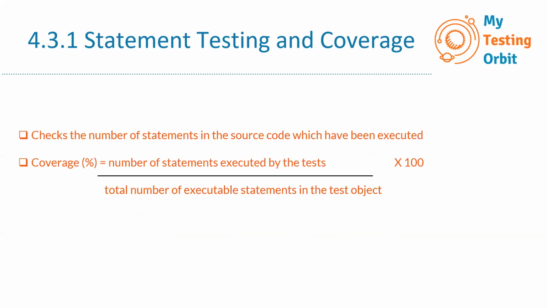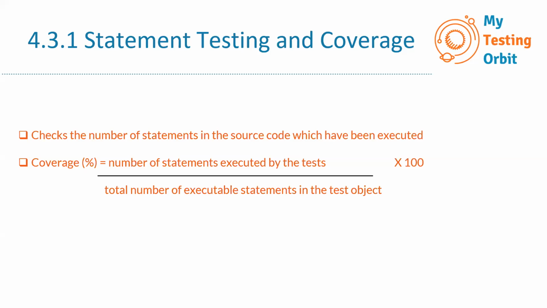Statement testing checks the number of statements in the source code which have been executed. It's a type of white box testing, and it helps us understand whether the code is behaving in the right way and doing what it's supposed to do, and that it's covering all these statements to ensure maximum test coverage.